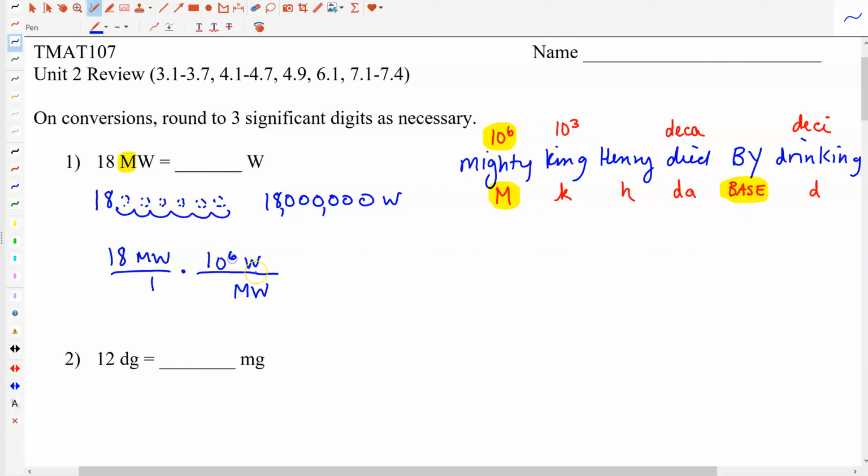The megawatt units will cancel. Multiplying 18 by 10 to the 6th power means I'm going to move the decimal point right 6 spots. So if I have 18 followed by 6 zeros, I get the same answer as I got before.